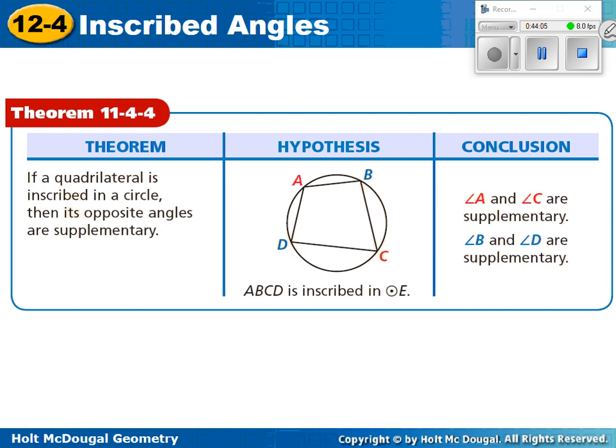So if this is A, B, C, D, which angles have to be supplementary? A and C, these two, so the measure of angle A plus the measure of angle C has to be 180. And what other two? Angle B and angle D. They do not have to be congruent to each other. They don't have to be 90 degrees. They could be, but they just have to be supplementary.